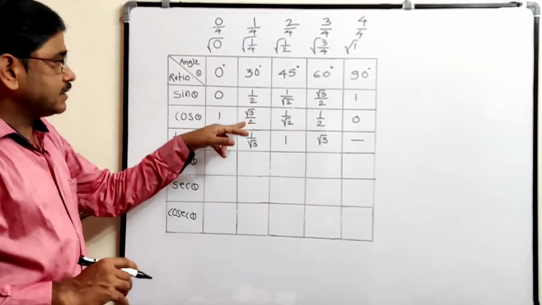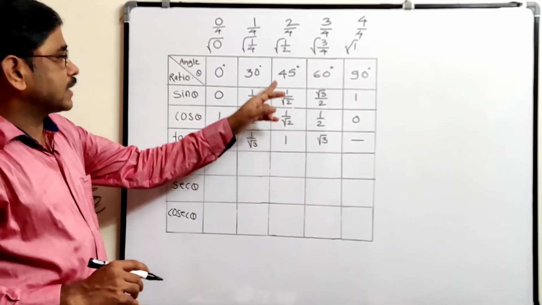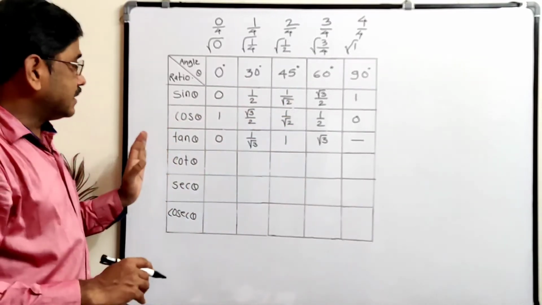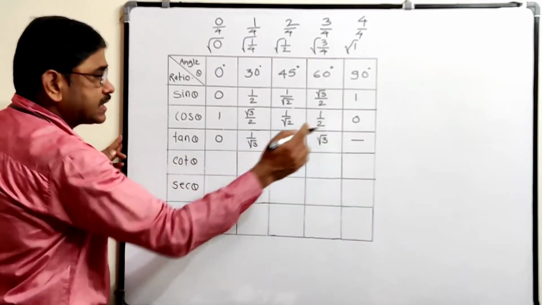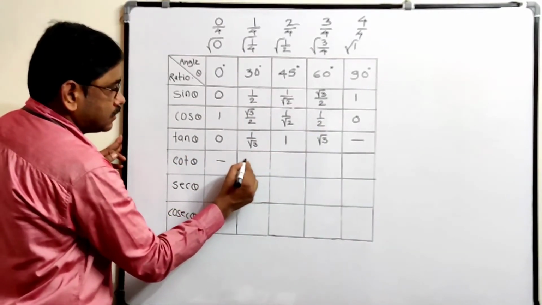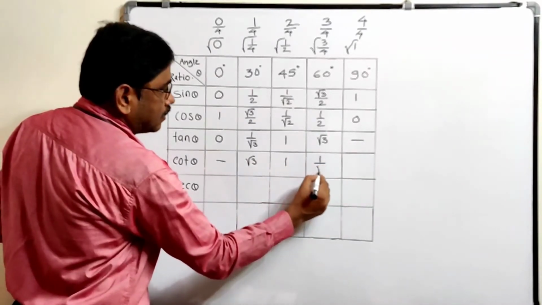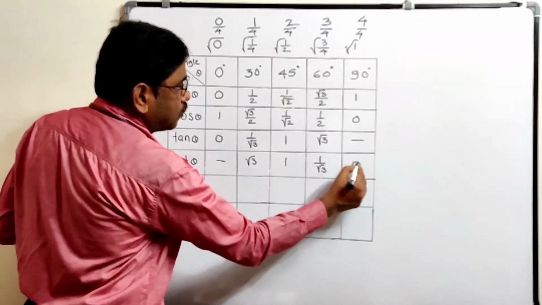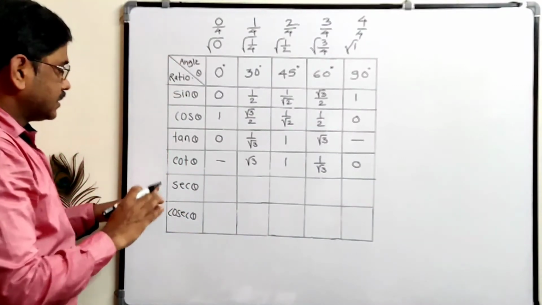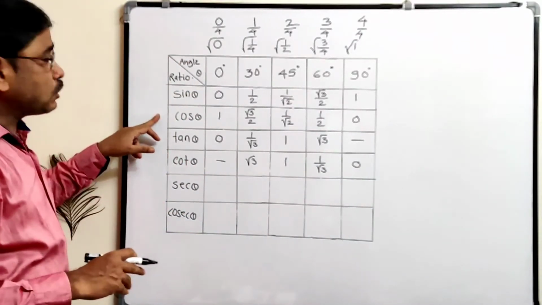Then for cot, reverse it: we get cot as dash, root 3, 1, 1 upon root 3 and 0. Done. Now sec is the reciprocal of cos.